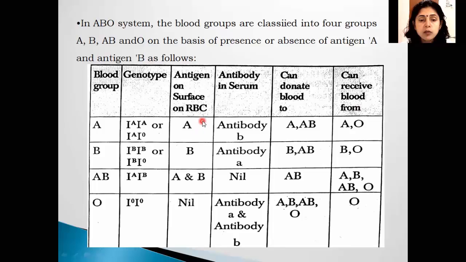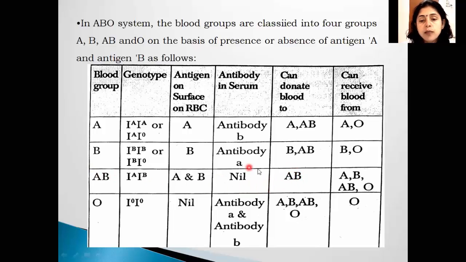Some people have only antigen A on the RBCs, some have only B as an antigen, and some people are found to have in their blood antigen A as well as antigen B present. So in that condition, when A and B both are present, the antibodies will be nil. There will be no antibodies in the serum. Such a type of blood group is the AB blood group.